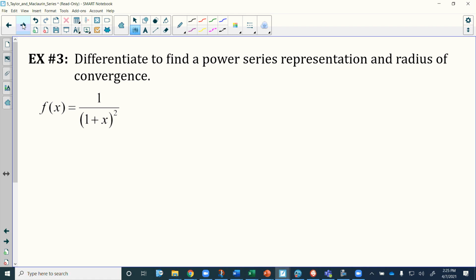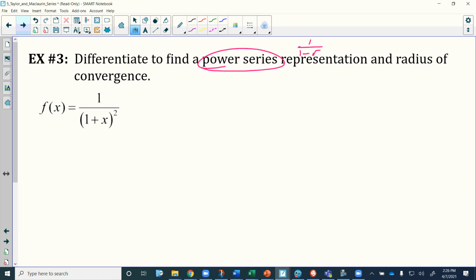Okay. Now, the idea is always to think about if we're talking about a power series, in some way we're going to be talking about this expression 1 over 1 minus r. Because that is the basic formula that we use for the sum of a geometric series.